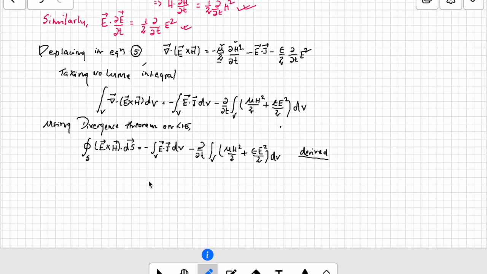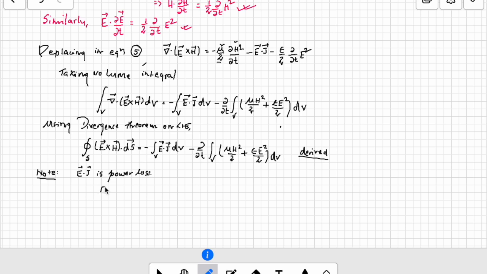Now this E bar dot J bar is actually called the power loss. I just want to give you one brief note on why E bar dot J bar is called the power loss, as I mentioned at the beginning. Power means you should have a unit of watt.